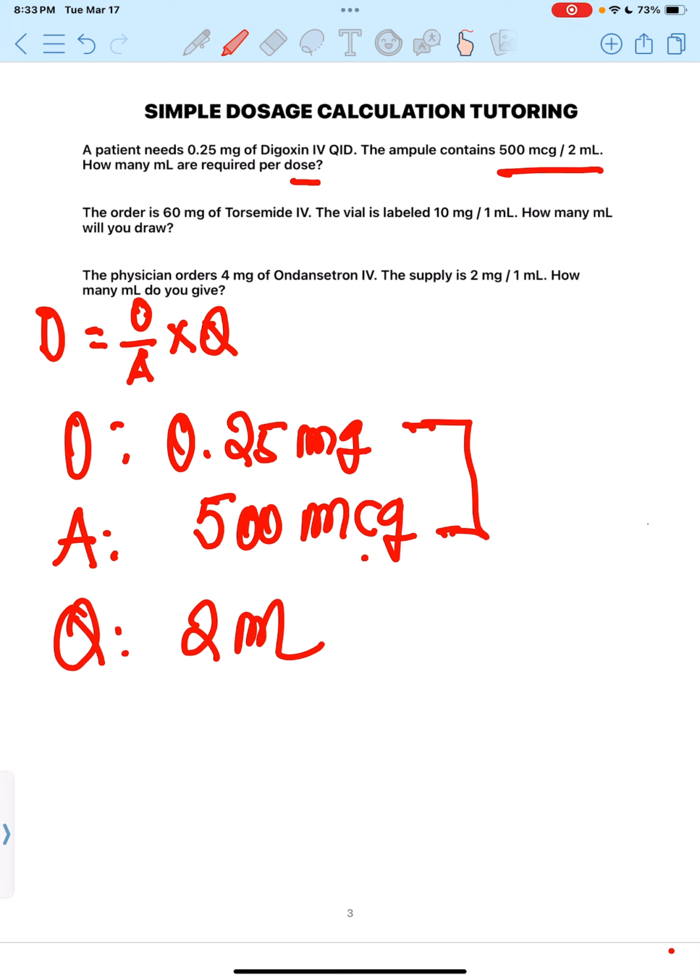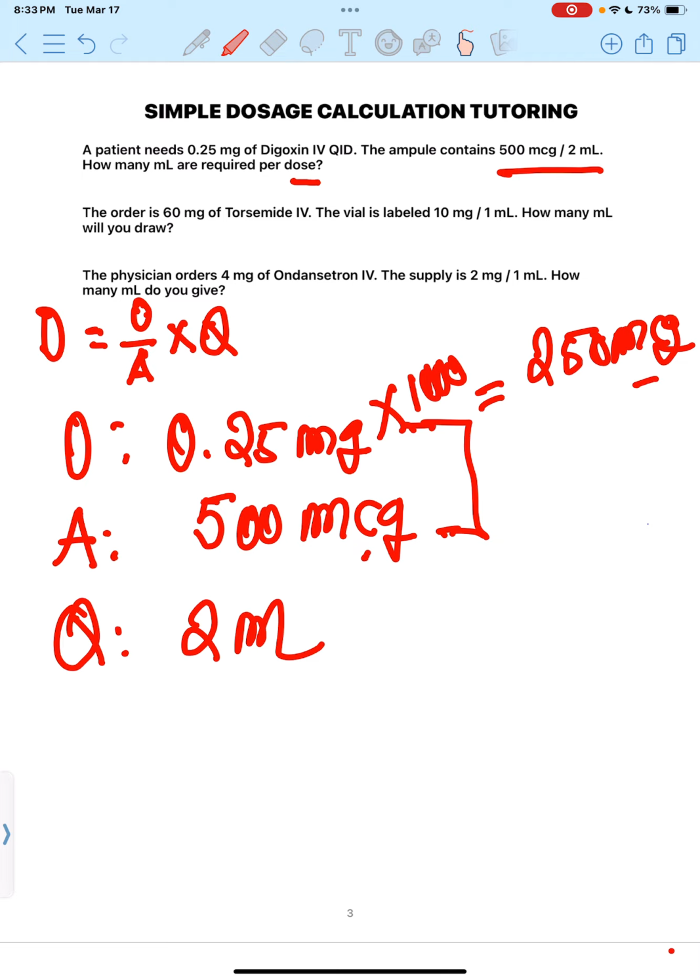So I'm going to push that one to microgram. I'm going to multiply this right here by 1000. So once you do that, your order is going to become 250 microgram. All right, you see? So now I've got microgram there.